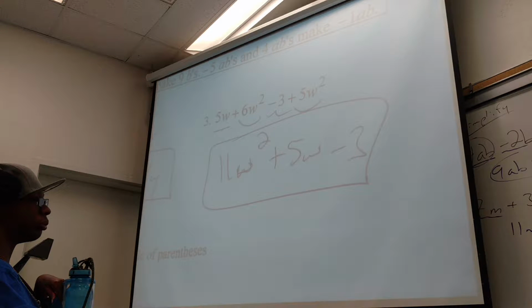I had 5w plus 11 plus 2w minus w squared minus 3. Beautiful. Right now, I'd say that's perfect. But when I write it, I'm going to write it in descending order just because it's the way I think. Later, descending order is going to become more important because that's the standard form of a polynomial, right? Right now, all I'm going to check is, did you put the right things together?